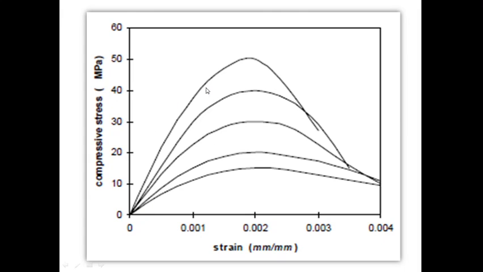But now if you look at this curve, as I was saying, as the strength of concrete goes on increasing, your failure strain goes on decreasing. You can see here that for the lower grade of concrete the failure strain is more, and as the strength of concrete increases, the failure strain is less. That is because the lower grades of concrete are more ductile, that means they undergo more strain before failure, whereas as the strength of concrete goes on increasing, the concrete becomes less ductile, rather it tries to become more brittle.